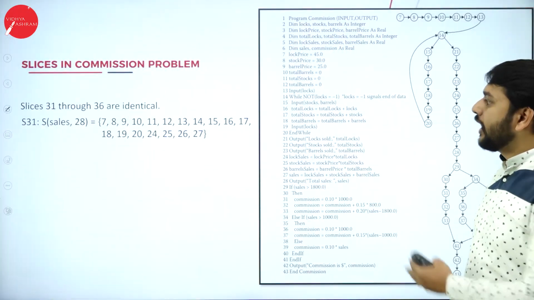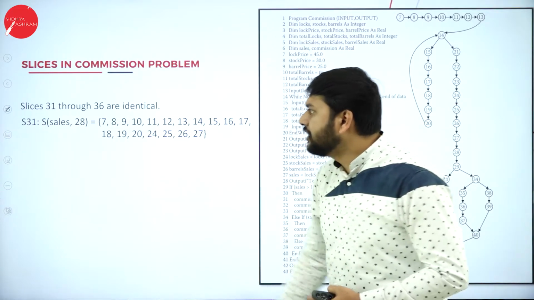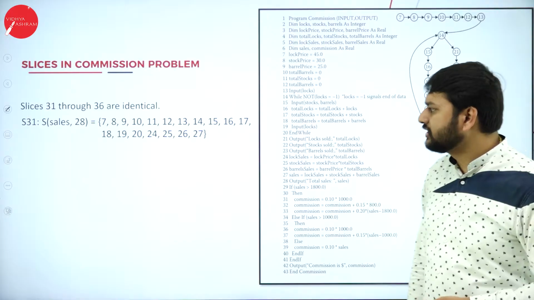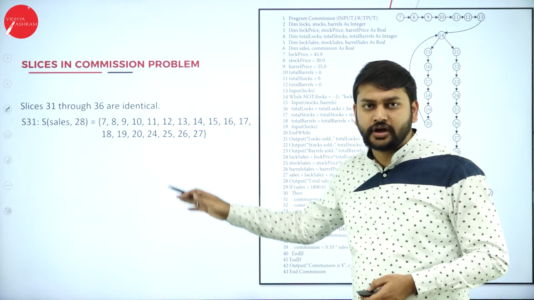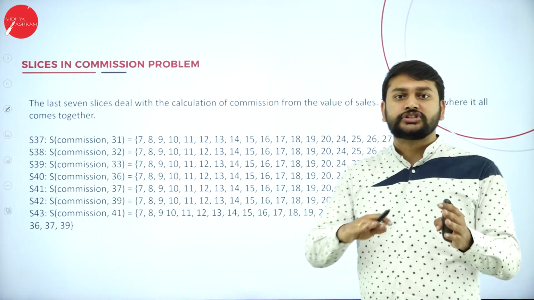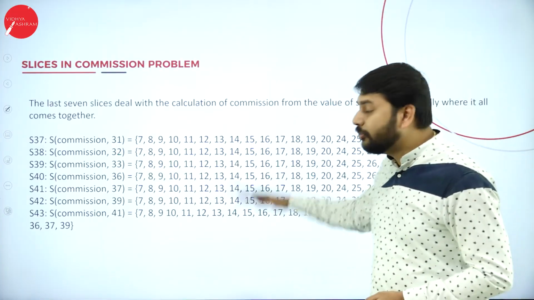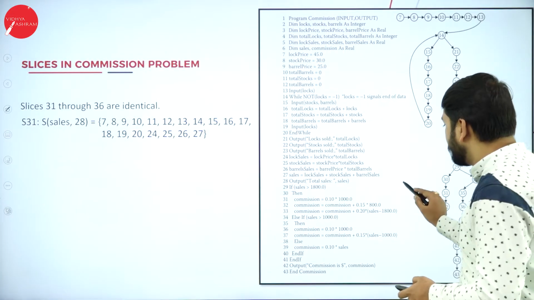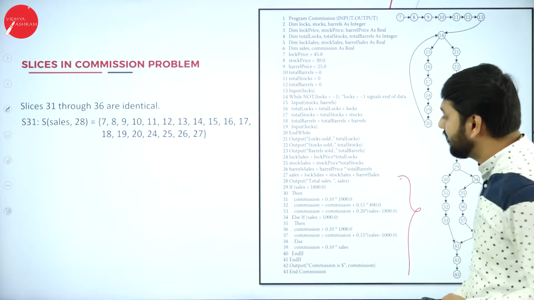Moving forward, I have some identical slices which run from 31 to 36. That's what we have listed here. In the same way, I have listed some slices which are mainly related to the commission. Guys, you need to observe here, the commission is being calculated in this part.